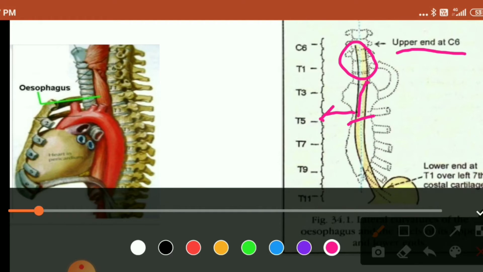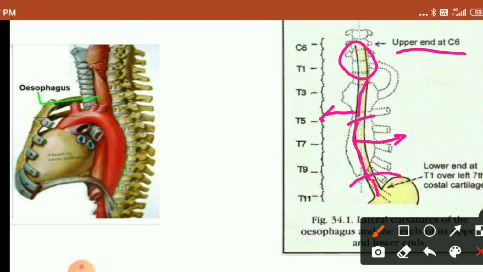Then at the level of 7th thoracic vertebra, you can see a sharp lateral curvature to the left, and then it moves downward. It pierces the diaphragm at the level of T10, and then it finally opens into the stomach. So in this way we can visualize the lateral curvatures of esophagus. Let us make it crystal clear with the help of our three-dimensional diagram.